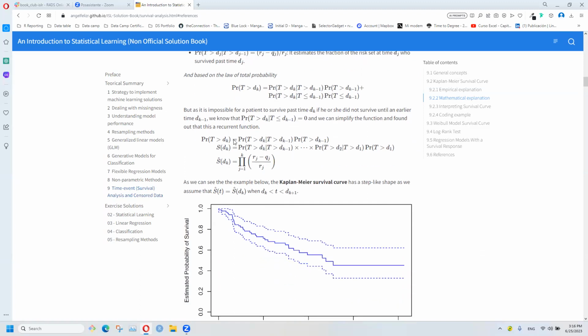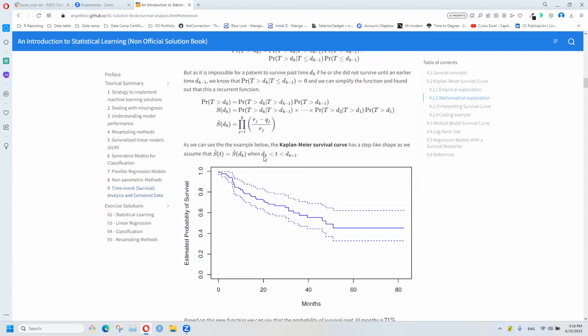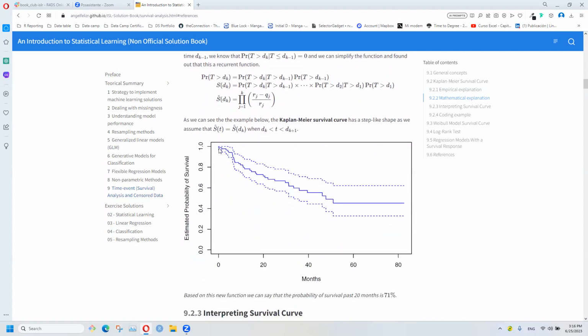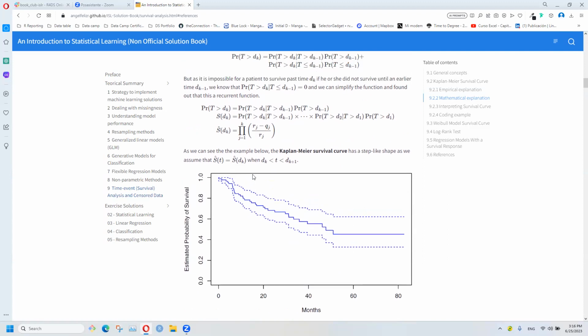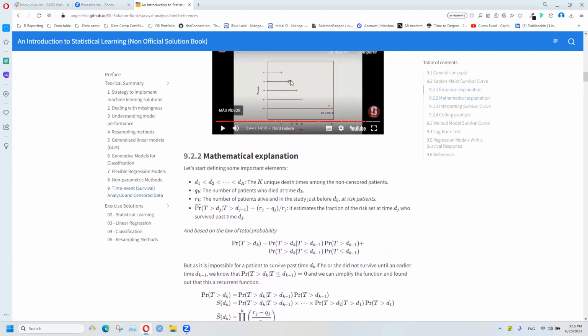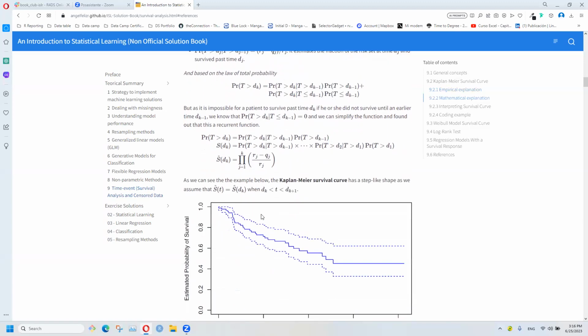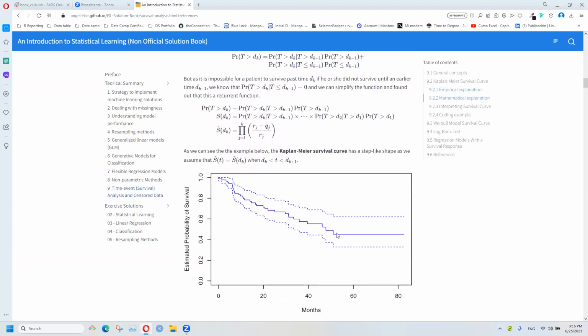At the end, you start from the last value down to the first one, and we make a product. And this is a step-wise function, so if there is no new death in the data, the probability stays constant until someone dies.